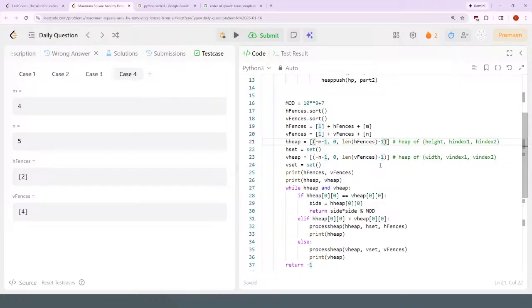So this should be negative m plus 1, I guess. Yeah. So heaps normally do like 1, 2, 3. 1 would be at the top of the heap. I want 3 to be at the top of the heap, so I need to make 3 negative, 2 negative, 1 negative, and negative 3 is going to be top. Just need to be careful about that. So here it's going to be negative the source value of the tuple. And then here it should be less than.